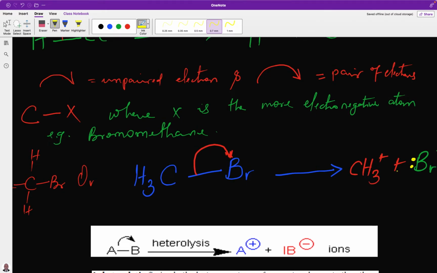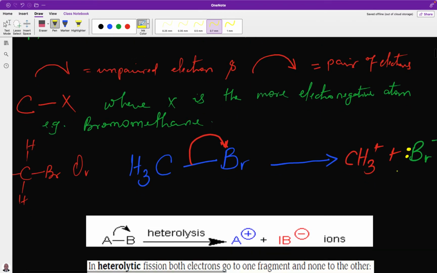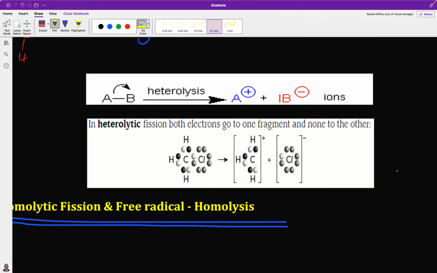So once more, we are saying that in heterolysis or heterolytic fission, this is an uneven breaking of a covalent bond, where the more electronegative element will go with both the electrons in the covalent bond. I've given an example. You will see how we'll be applying it. Another example is here, chloromethane.